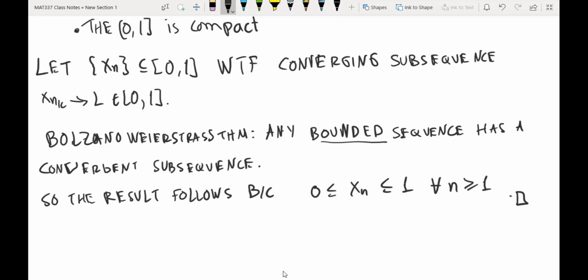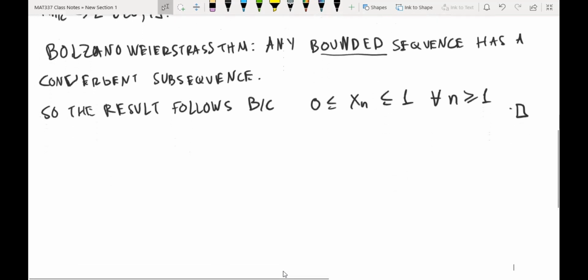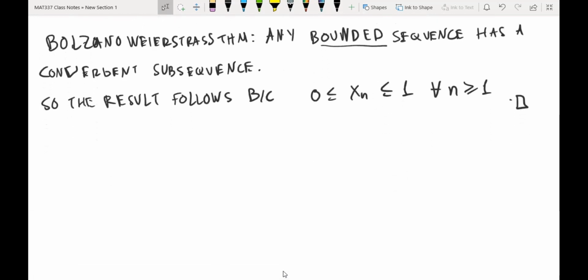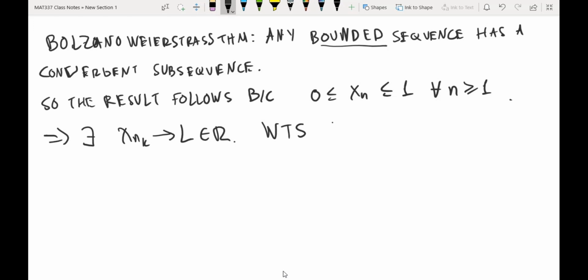So that tells us that there exists x_{n_k} going to L in R. Now we want to show that L is in [0,1].